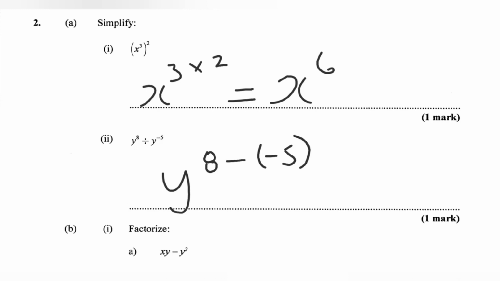When we have consecutive negative signs like that, it's going to become a plus. So it's going to be 8 plus 5, so it's going to be y to the 13.